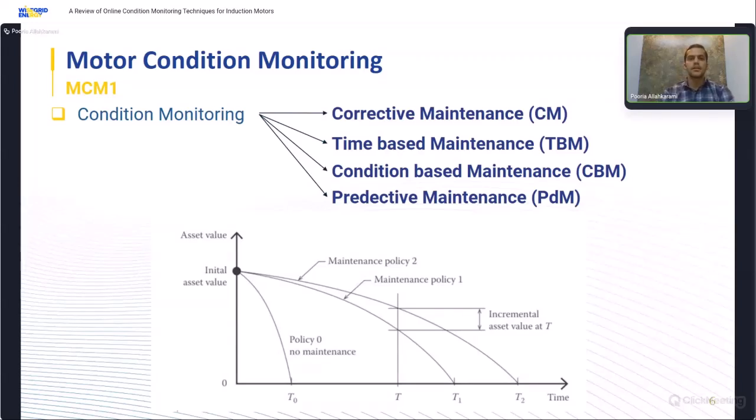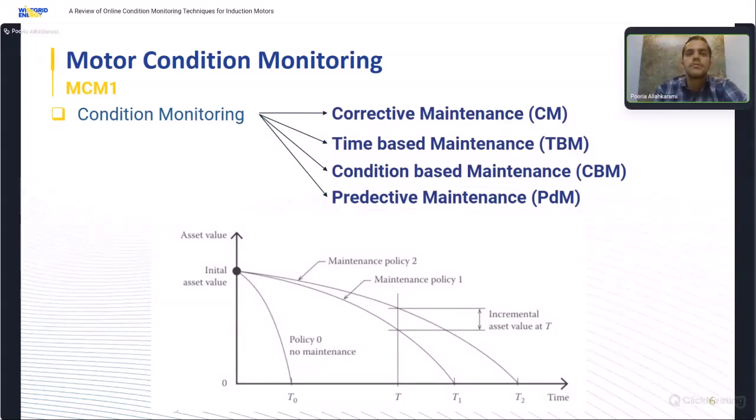It can tell us what happens next, or how much time we have before the motor fails. Simply, PdM uses the data gathered from CBM, such as vibration analysis, current signature analysis, or temperature, and applies analytics to estimate how much useful life remains.